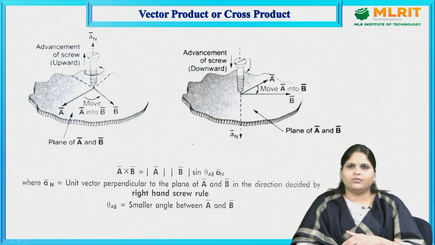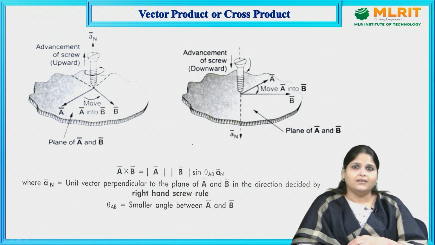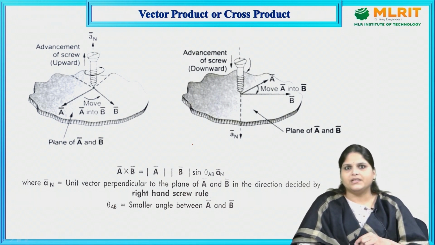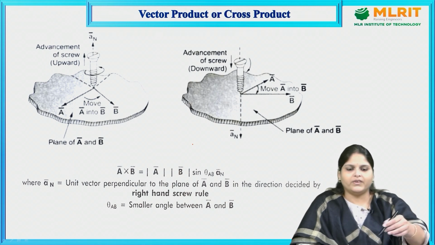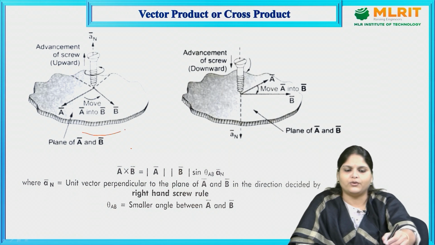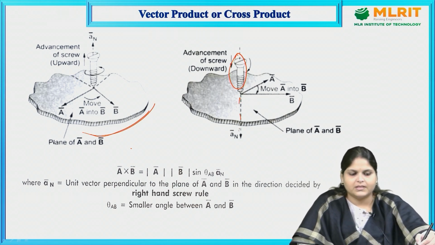Here also, just like we have taken the example of the right hand thumb rule, by using this right hand screw rule the same concept can be understood. Here also we are moving the screw from A to B. This is the plane of A and B, this is the screw, this is the AN.